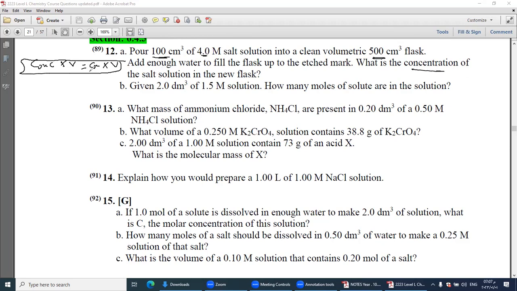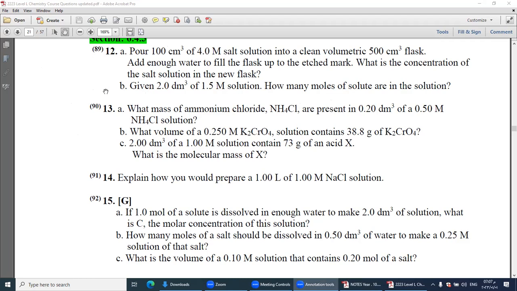In this case concentration multiplied by volume equal concentration multiplied by volume. 100 multiplied by 4. احنا مش بنعمل conversion للفوليوم لما أكون بحسب number of moles، لكن في اللو ده مش مضطر أعمل conversion. هيبقى equal 500 multiplied by concentration. So concentration is equal 100 multiplied by 4 over 500, equal 0.8 molar.